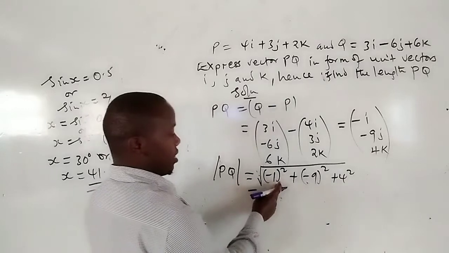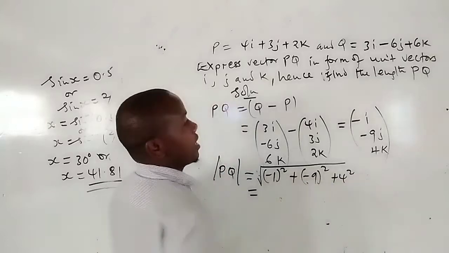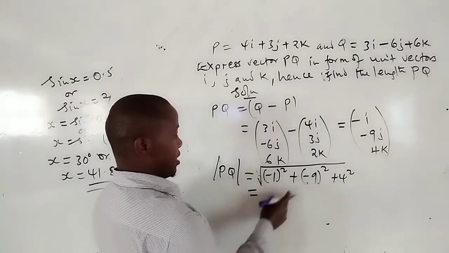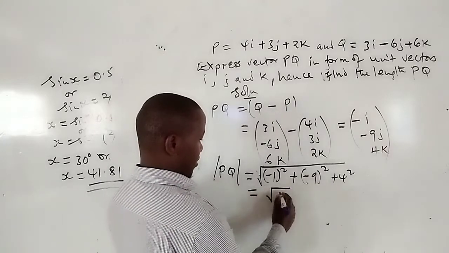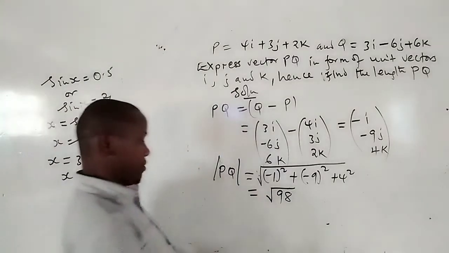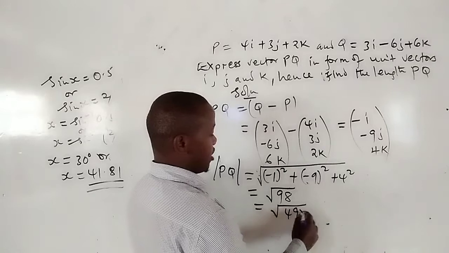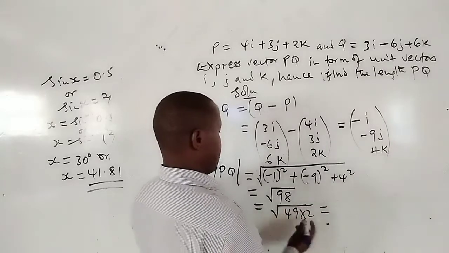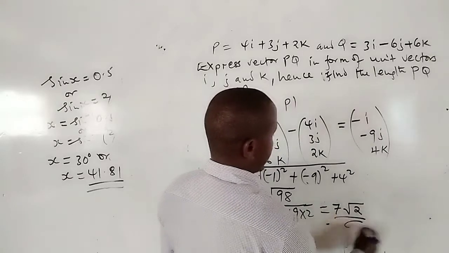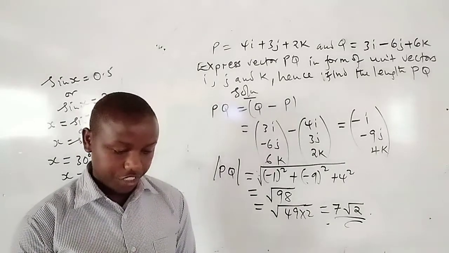So this will be 1 plus 81, 82, 82 plus 16, 98. The square root of 98. We are told to leave the answer in surd form, so we should leave it in the simplest surd. So this is 49 by 2. The square root of 49 is known, 7, but root 2 is unknown. So it's 7 root 2. 7 root 2 is the answer.